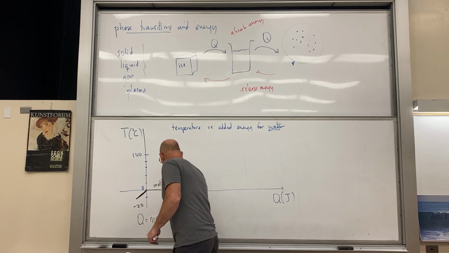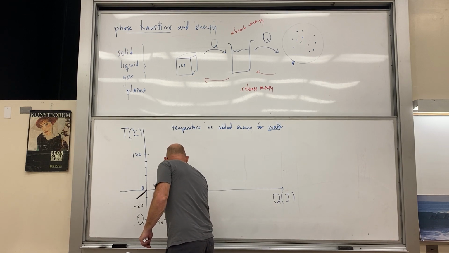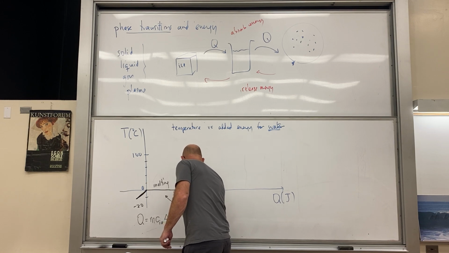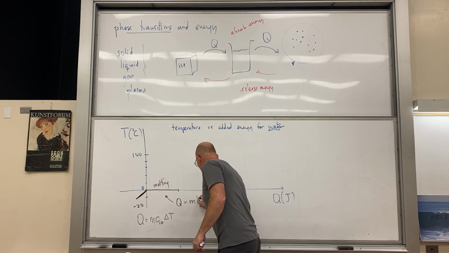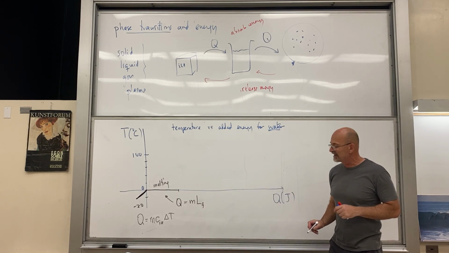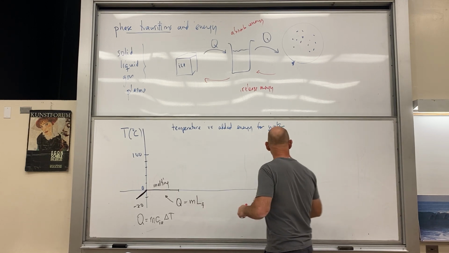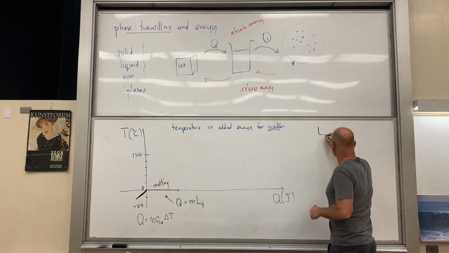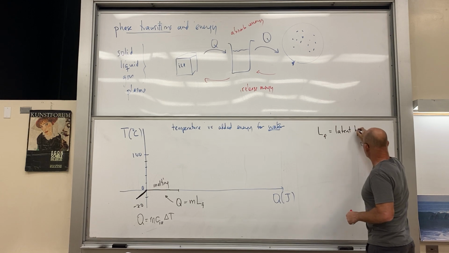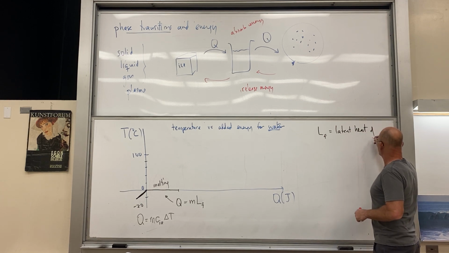And this amount of energy here, Q, is equal to mass times latent heat of fusion. So L sub F is called the latent heat of fusion. Let's go ahead and write that over here. L sub F equals latent heat of fusion.